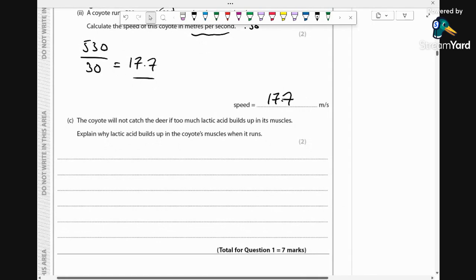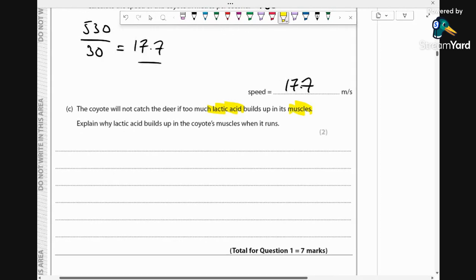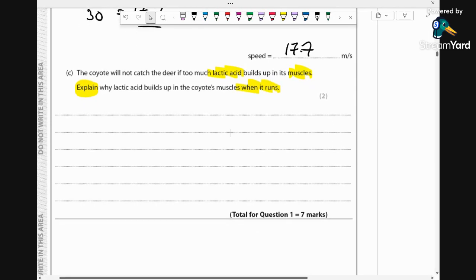So the coyote will not catch the deer if too much lactic acid, okay, so I'm going to highlight that, builds up in its muscles. Explain why the lactic acid builds up when it runs. Okay, so we need to link running to lactic acid buildup in muscles. So this is absolutely a question about anaerobic respiration.